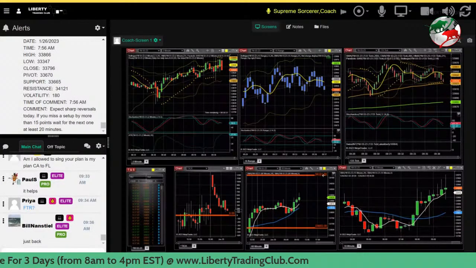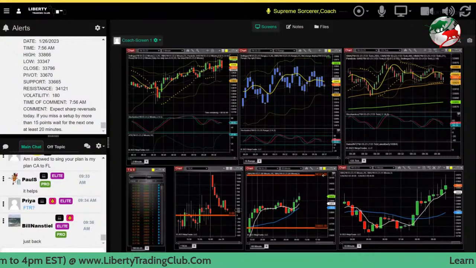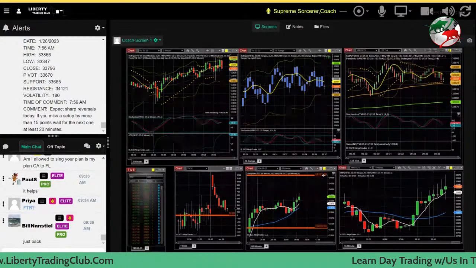For a bunch of chop, just choppy chop. The buyers and the sellers jockeying.